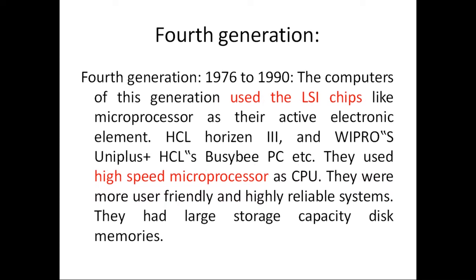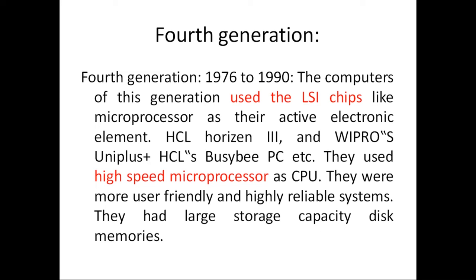The computers of this generation use large scale integrated chips, LSI chips, like the microprocessors as their active electronic elements, like HCL Horizon 3, Wipro's Uniplus Plus, and HCL's PC, etc. They were coming under the fourth generation, right? They use high speed microprocessors as CPU.